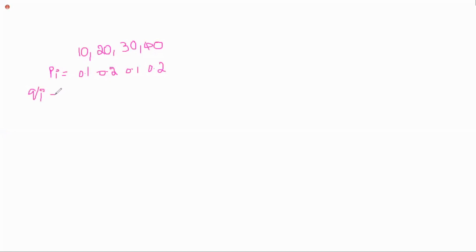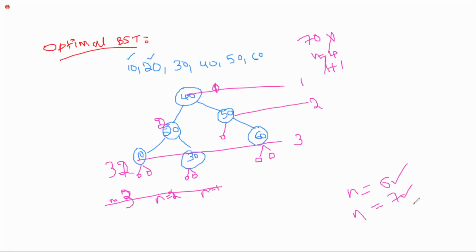Qi is for unsuccessful search. For a successful search, the maximum attempts equals the number of nodes. But for an unsuccessful search, it will take n plus 1. If you have 6 nodes and you search among those 6 nodes, it is a successful search.